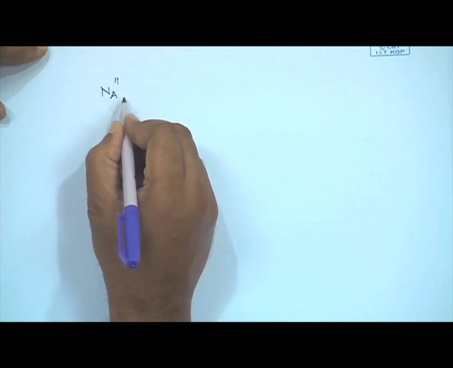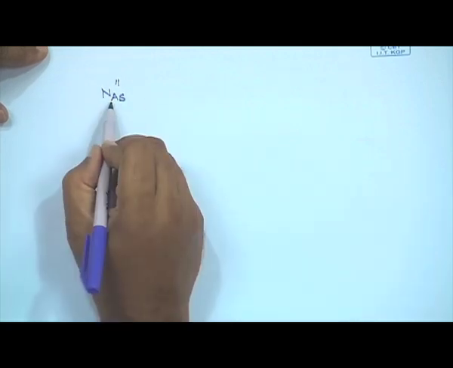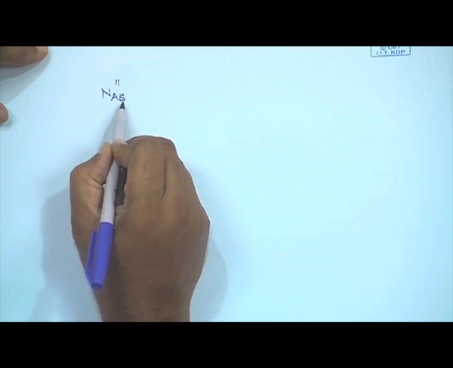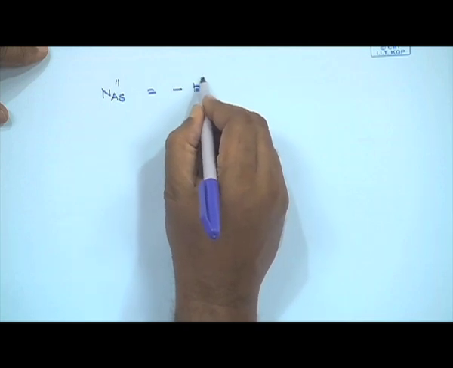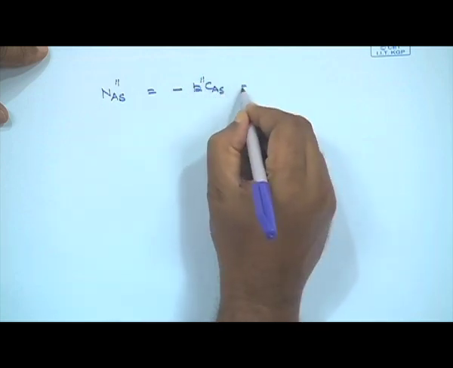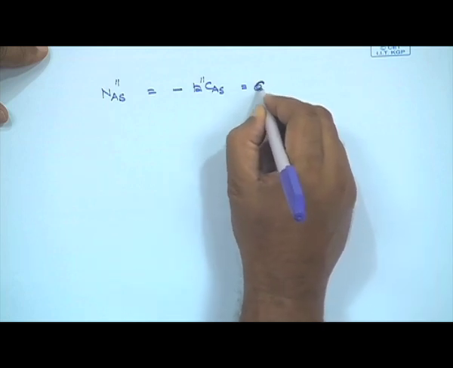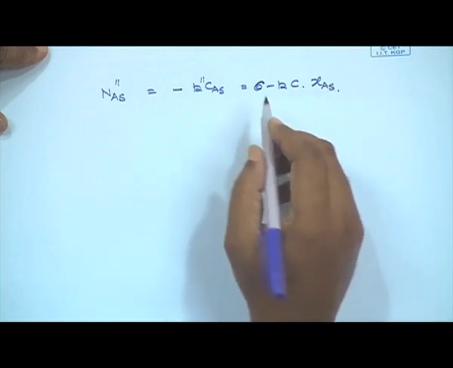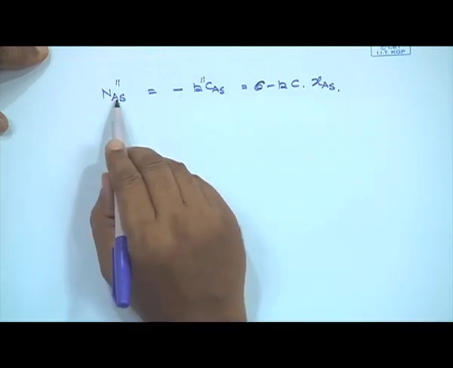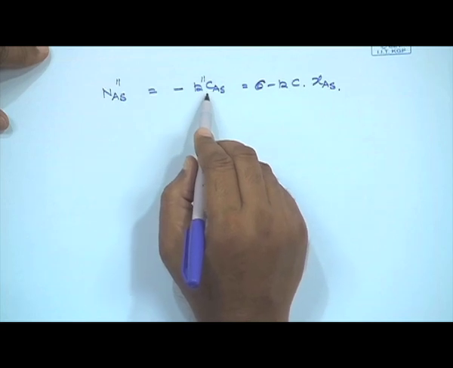Starting with the expression which we have already obtained, this NA double prime S, the molar flux of A towards the surface, would simply be equal to, at steady state, the rate of reaction, which is equal to minus K times C times XAS. So, the rate of diffusion is equal to the rate of reaction.